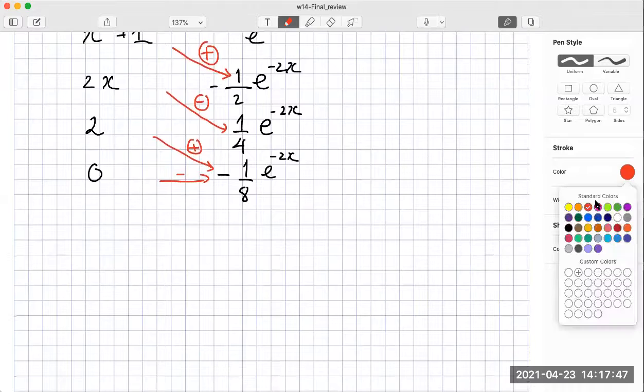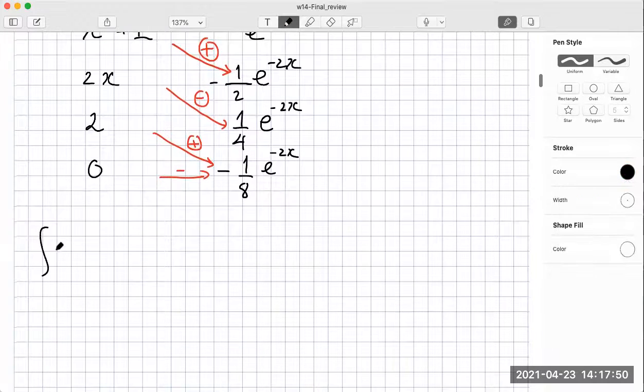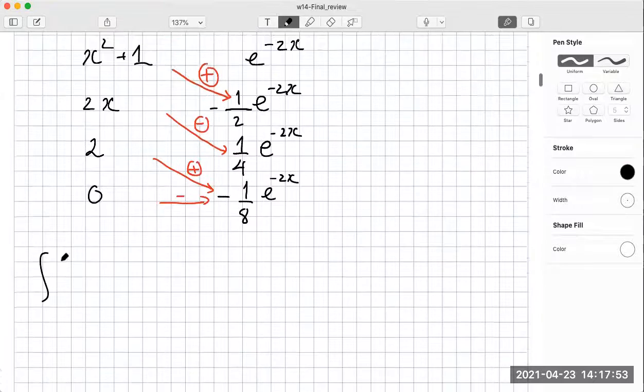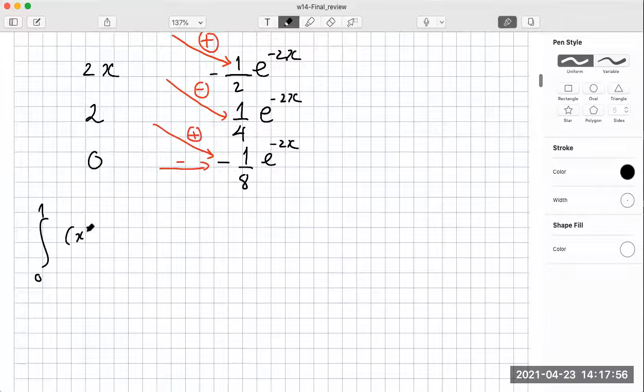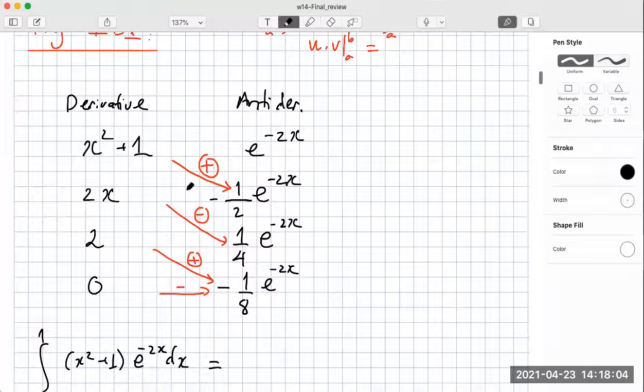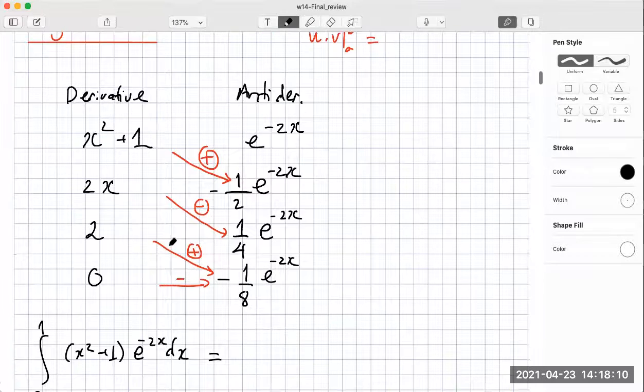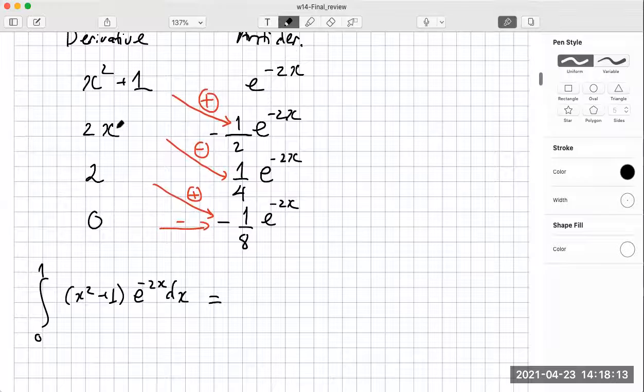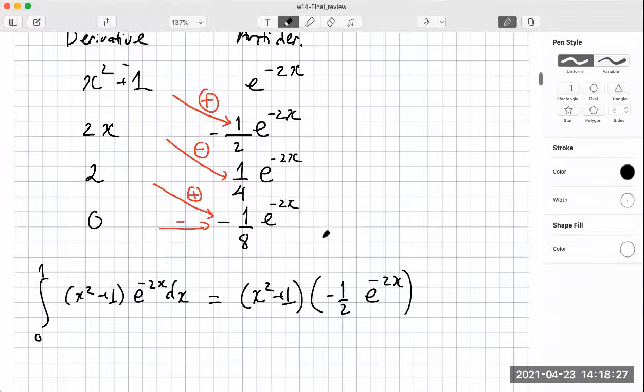And this rule tells us that the integral from 0 to 1 of x squared plus 1 times e to the -2x dx, you can apply integration by parts step by step and double check the result at home, but this is the trick. So now, remember, it will be the product of this guy times this guy. Remember, there's a -1/2 here, e to the -2x.